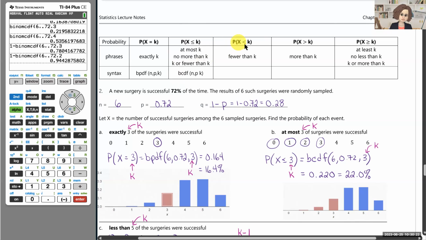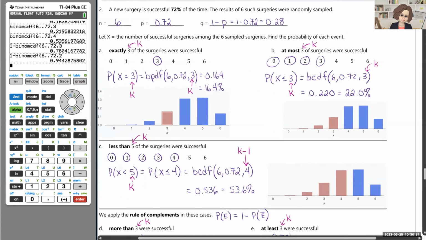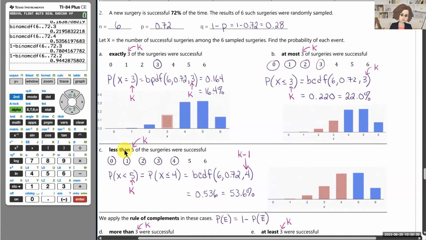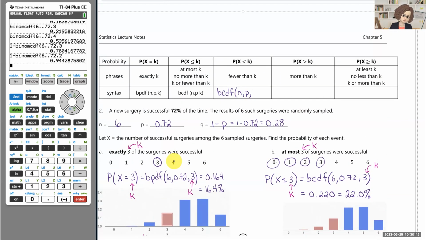If it was X less than K, so fewer than K, then we could do binomial CDF, the N and the P. But in the less than K case, like less than 5, the binomial CDF ended at the number before K. So K minus 1.